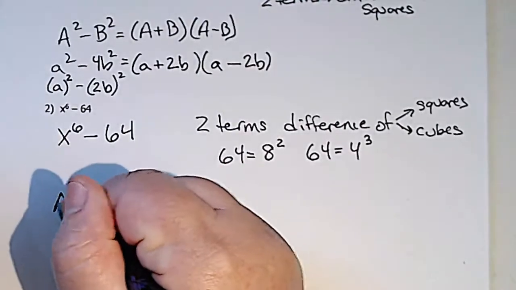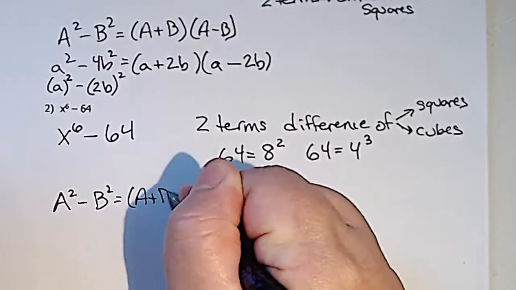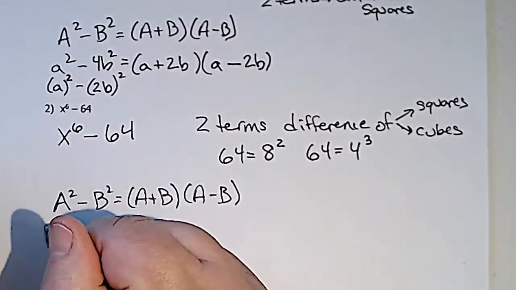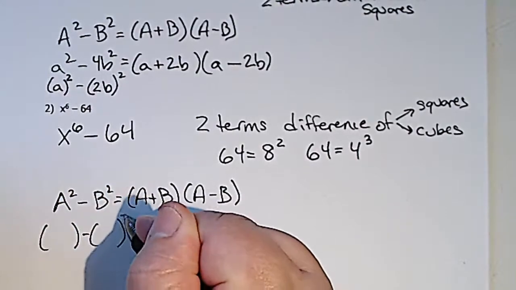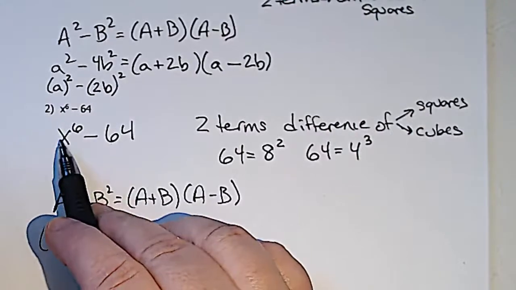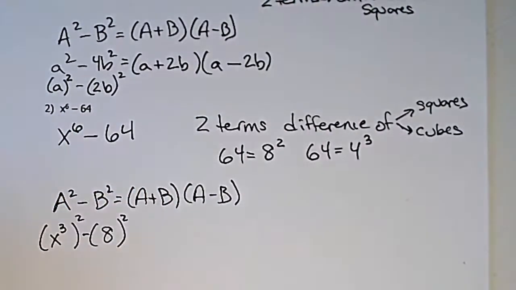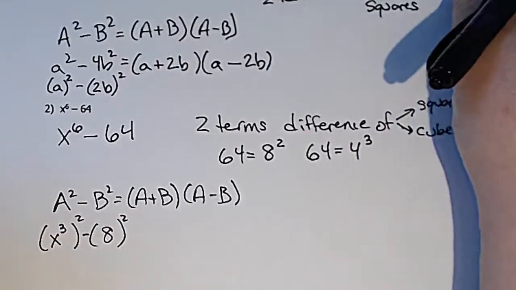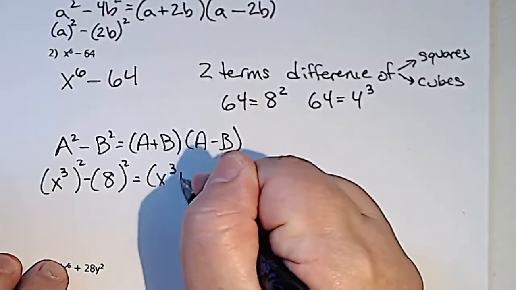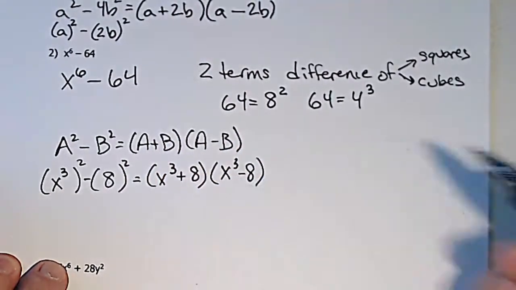So I'm going to say a squared minus b squared, a plus b, a minus b. 64 is 8 squared, x to the 6th is x cubed squared. See that? So then I've got x cubed plus 8 and x cubed minus 8.